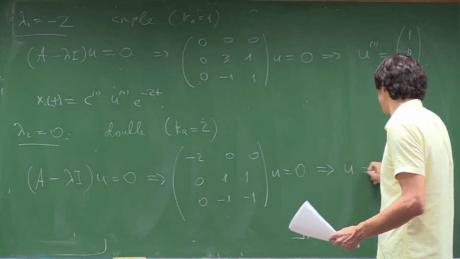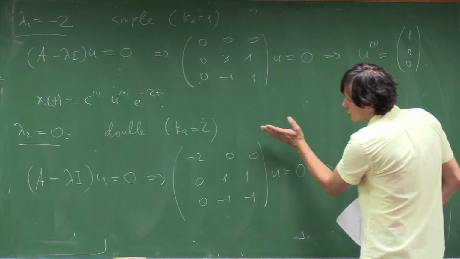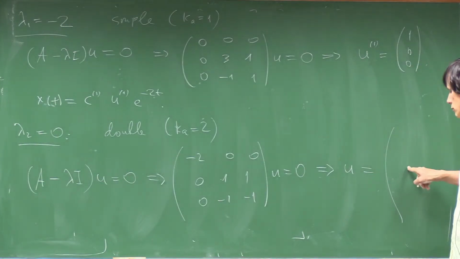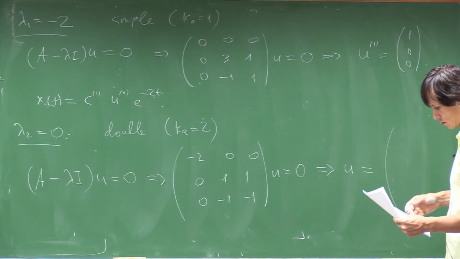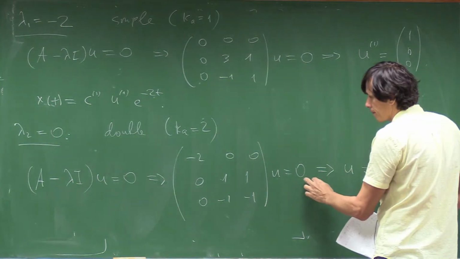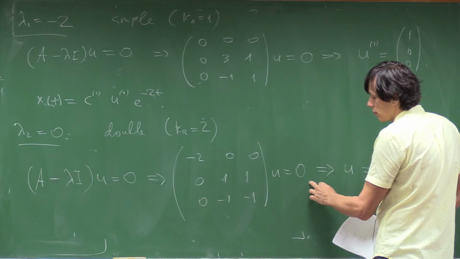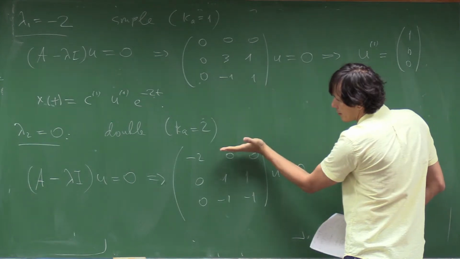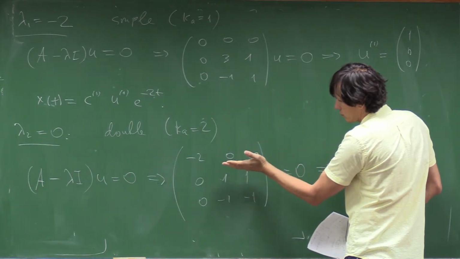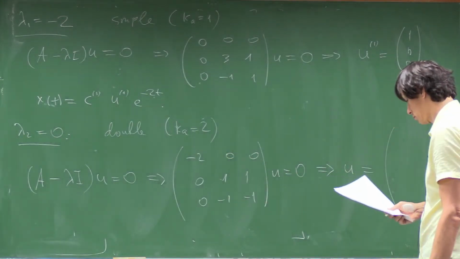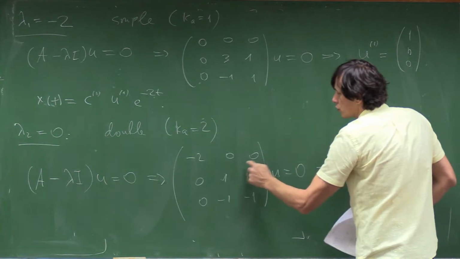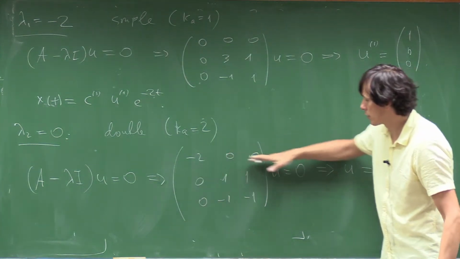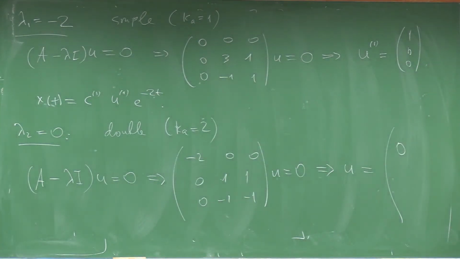So what is u? You see, first of all, if you want to cancel this row, you need to put 0, which cancels. So the first term should be 0, because otherwise the first row will not be 0.